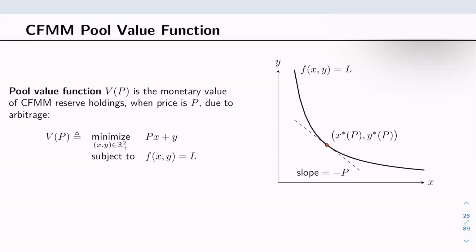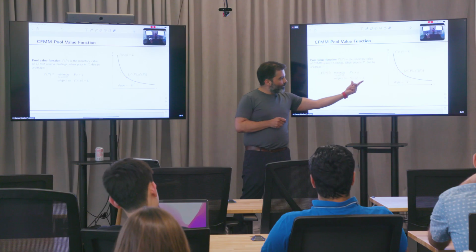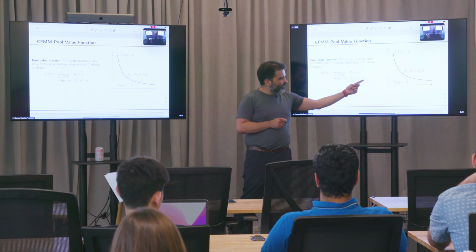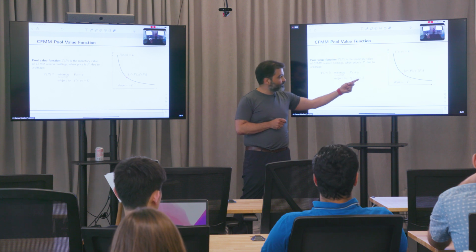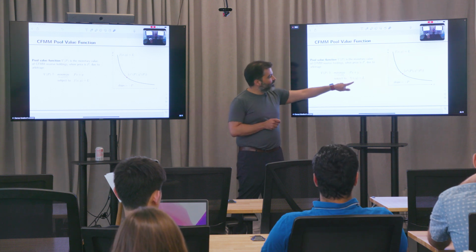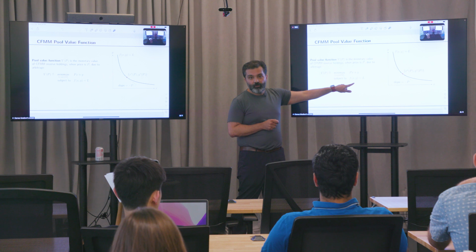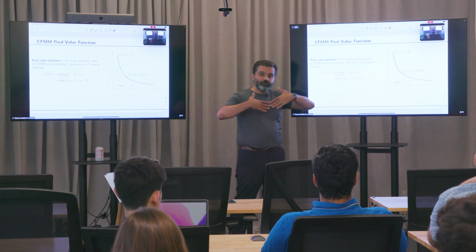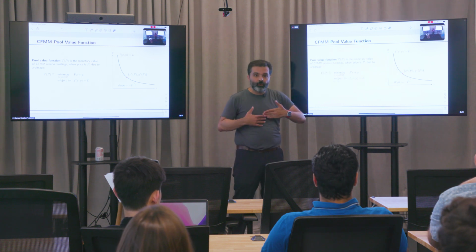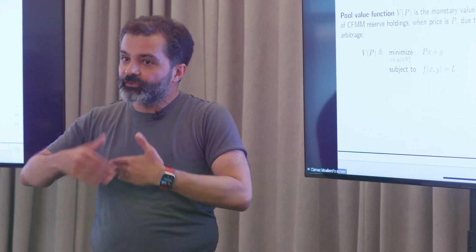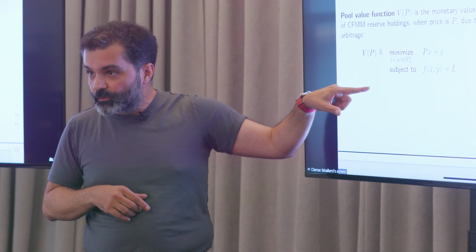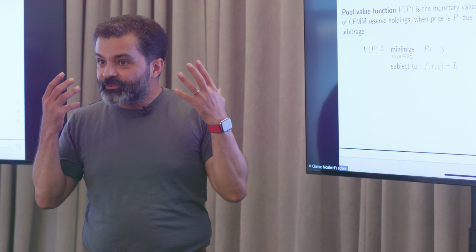And what it will tell you is the value of the CFMM reserve holdings when the price is P. How does it do that? Out of all the sets of x and y that are feasible, that satisfy this invariant, it finds the combination with minimal value. Why minimal value? Again, we're looking at this from the perspective of the pool owner. They're trading against traders. Traders will try to trade against this pool to maximize their gains from trade.